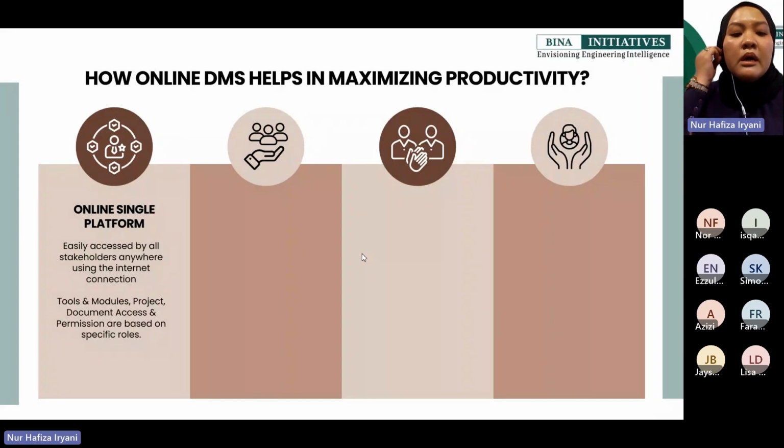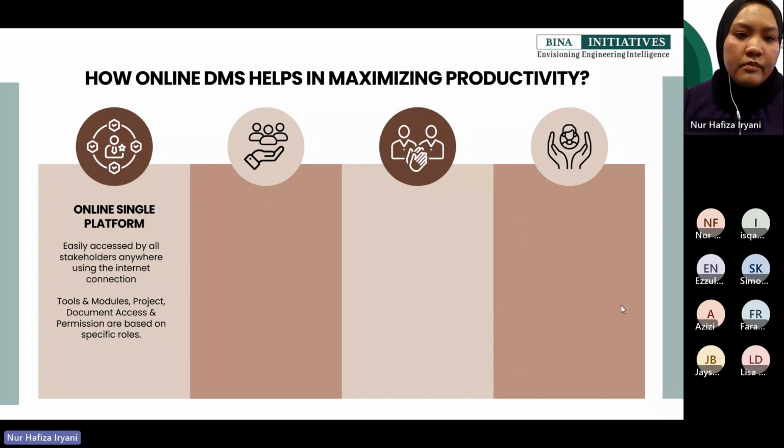Cloud-based hosting provides a more reliable and scalable infrastructure compared to on-premise hosting. For users on site, remote work becomes easier because users can access the system from anywhere. Just using the internet connection, it can eliminate any potential interruption that can be caused by on-prem services, the on-prem server.